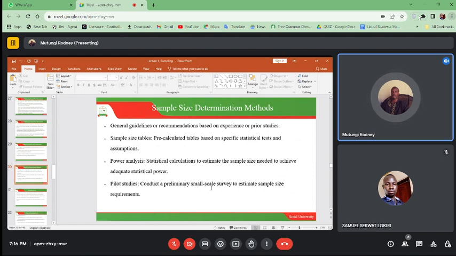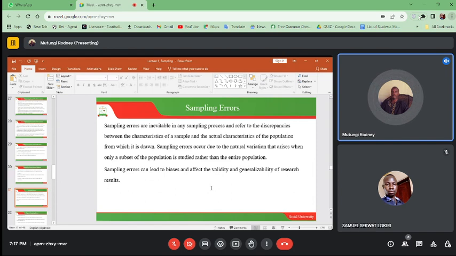Then pilot studies, almost the same as experience, whereby you conduct a preliminary small scale study, and it will help you to estimate what your sample size should be so as to realize your goals.